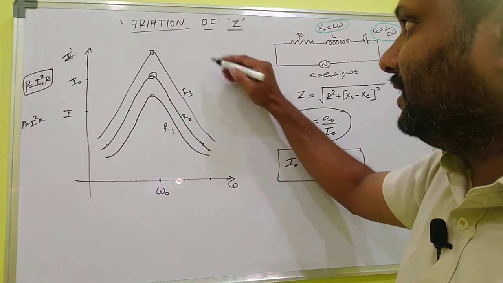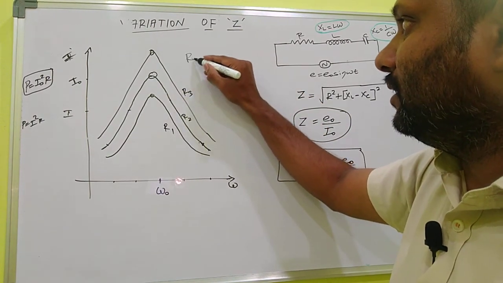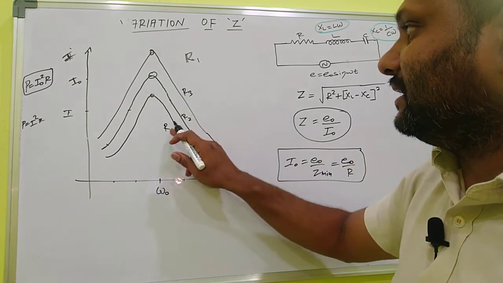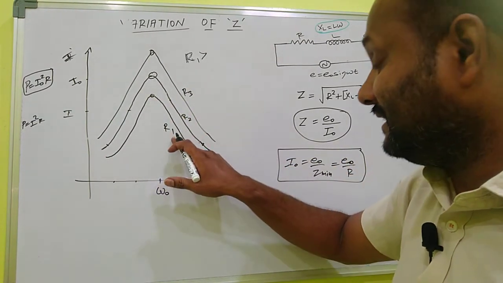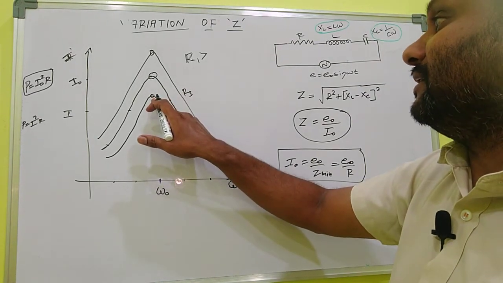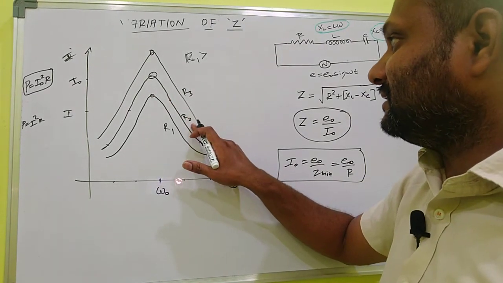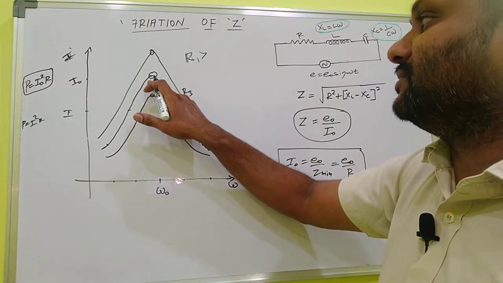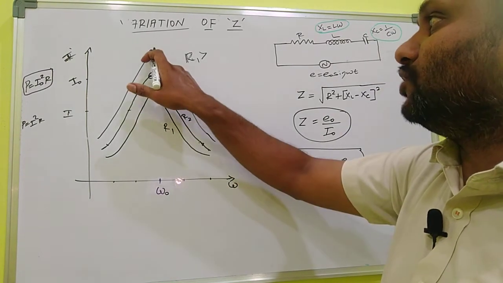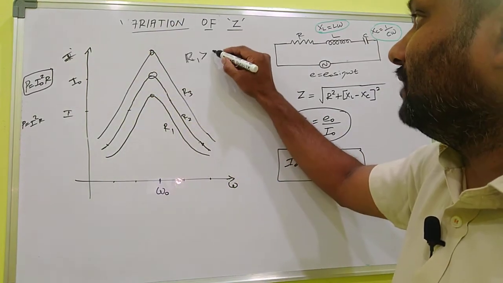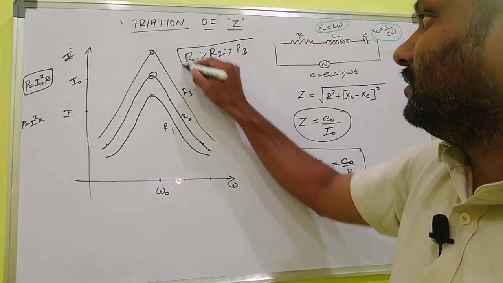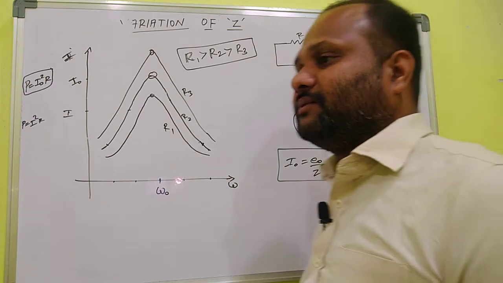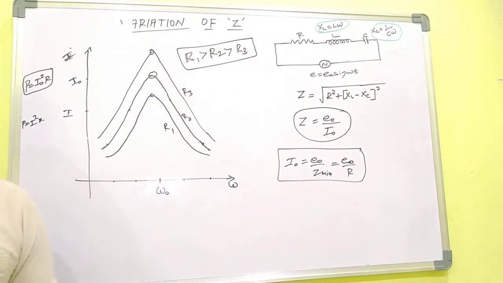Accordingly, for greater resistance the peak value of current is lesser. Here with lesser resistance, the peak value is higher. Here with very little resistance, the peak value is much higher. So R1 is greater than R2 is greater than R3. This is the thing we learned from this graphical representation.